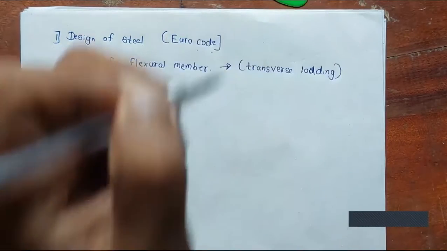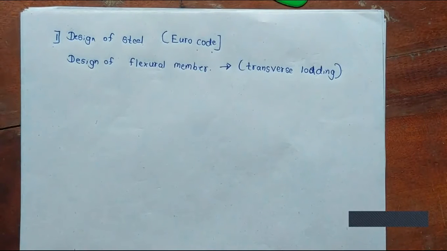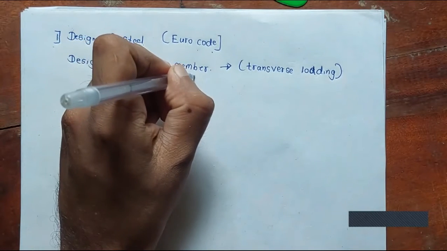Such a member experiences a combination of tensile or compressive and shear stresses. Thus there are different failure modes. In order to design, you should know how this flexural member can fail.